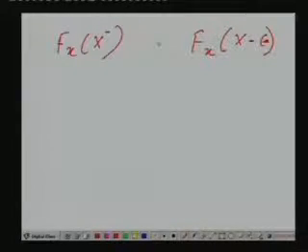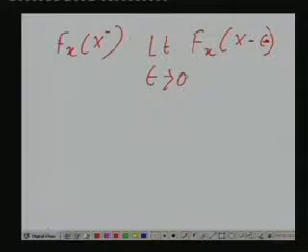Then if you take this limit, epsilon tends to 0, that means you are basically approaching this probability distribution function from the left. The limit that you get, I call it F_X(x minus).